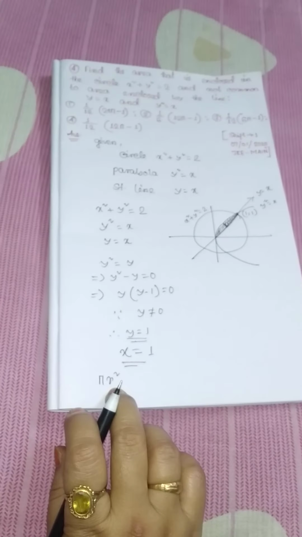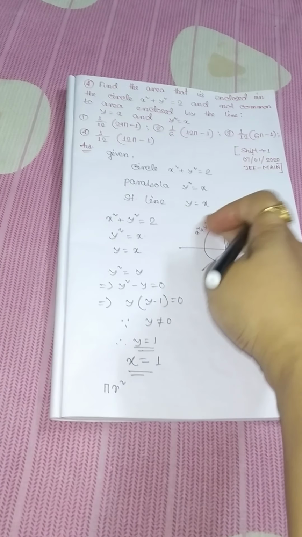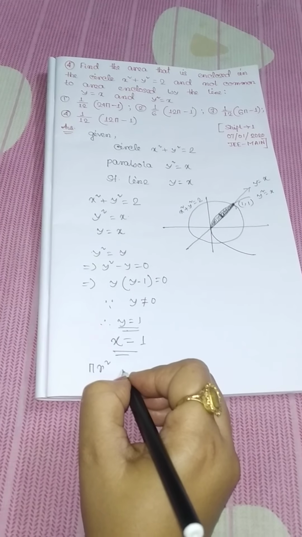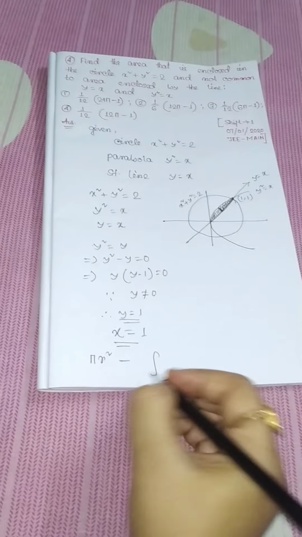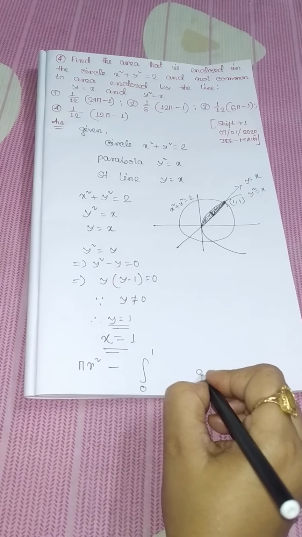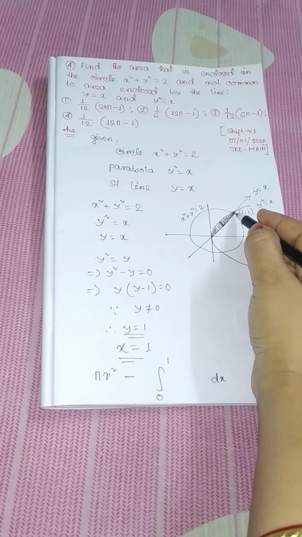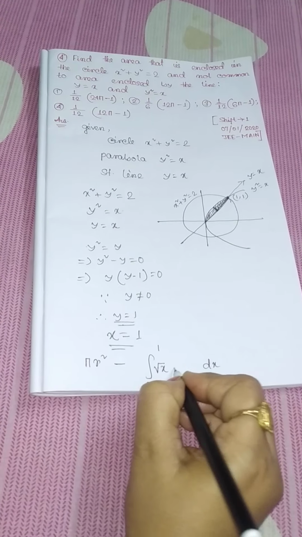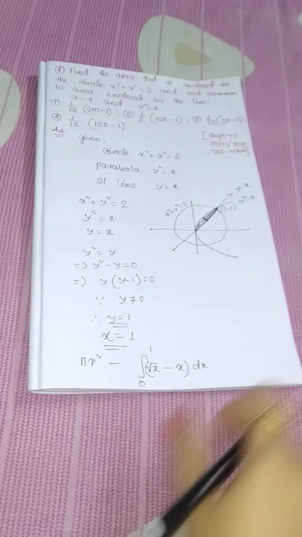So we should calculate this area, subtracting it from the area of the circle. So pi r square is the area of the circle minus this area, which spans 0 to 1. So integration 0 to 1 of dx, y is root of x minus x. This integration. Is that clear?